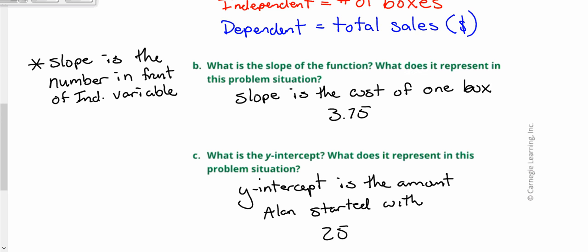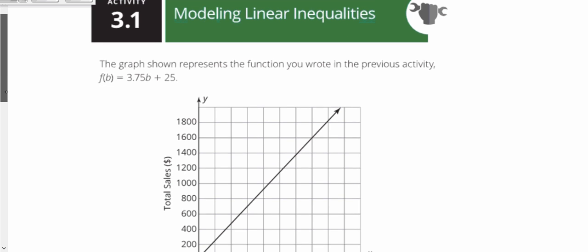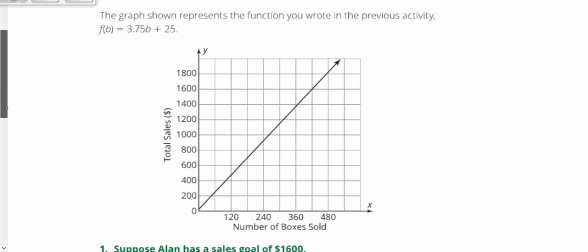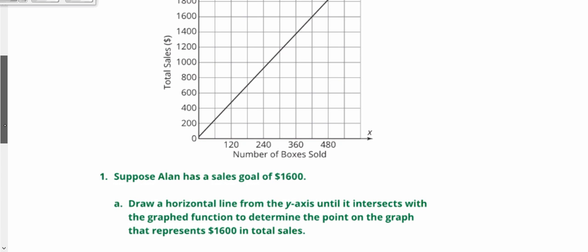All right, so we're going to move on to the next activity here. This graph represents the function that we wrote. So this represents all the solutions when the function is true. So 3.75b plus 25 is equal to f of b. So that's all the sales. They are asking us here, suppose Alan has a sales goal of 1,600.